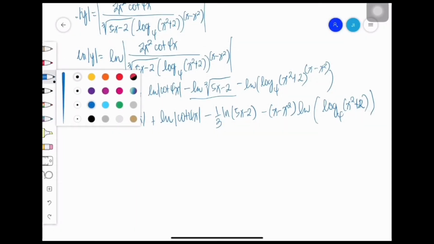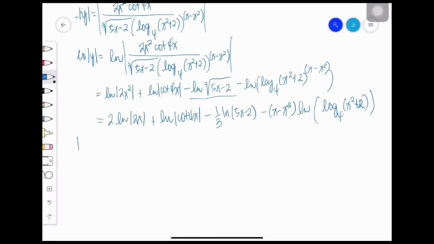So the derivative of the left side is 1 over y times y prime equals 2 times the derivative of ln of absolute value of 2x, which is 1 over 2x multiplied by 2, the derivative of 2x, plus the derivative of this one, which is 1 over cotangent 4x multiplied by the derivative of cotangent 4x, which is negative cosecant squared 4x times chain rule, the derivative of 4x is 4.